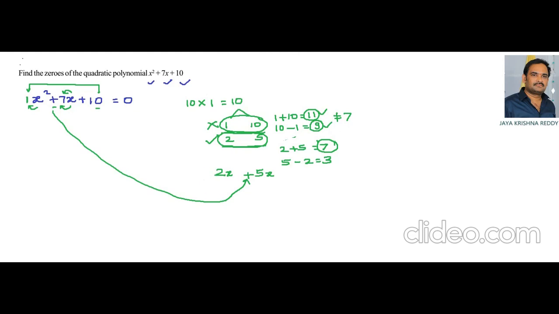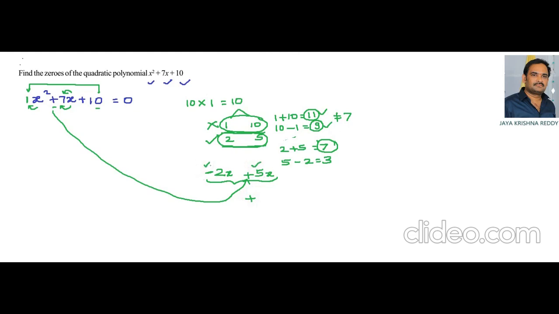Let us see what will happen if we take the minus symbol for the smaller number. Minus 2x plus 5x. Which is the bigger one from these two? 5 is the bigger one, and it has a positive symbol.